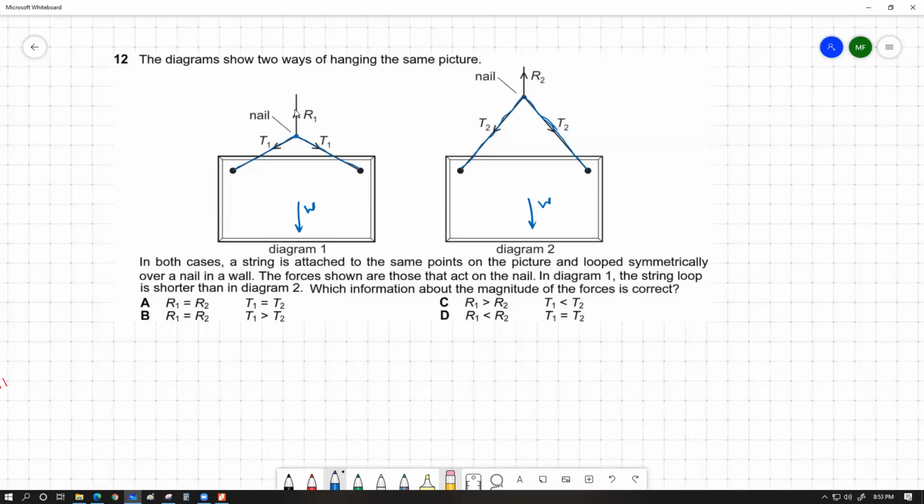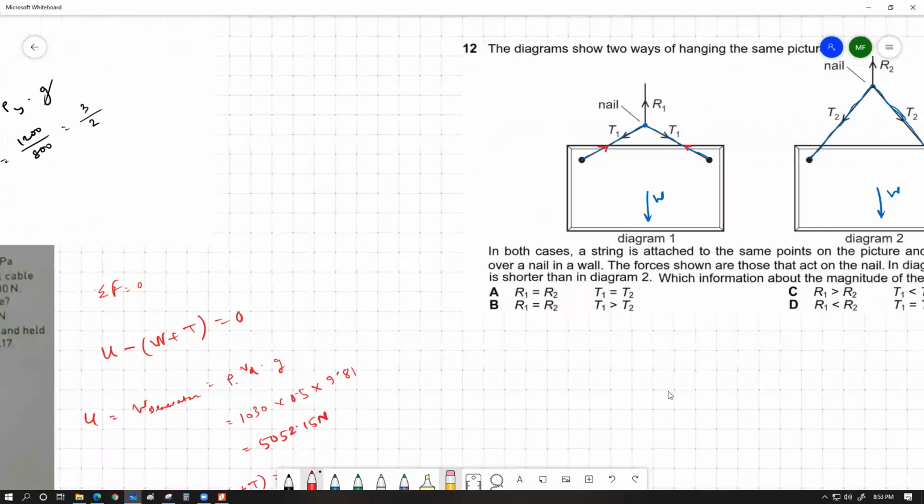And when the nail is experiencing the T1 and T2 like this, at these two connection points the tension forces are going to be that way. So আমি এই জিনিসটা মানে ঢালাভাবে বোঝানোর কারণ হচ্ছে so that you get a better understanding of how vector diagrams work. This is an important bit.